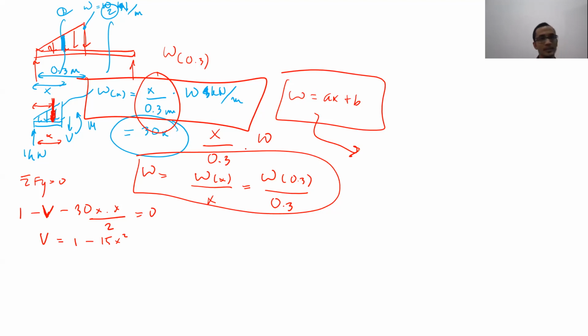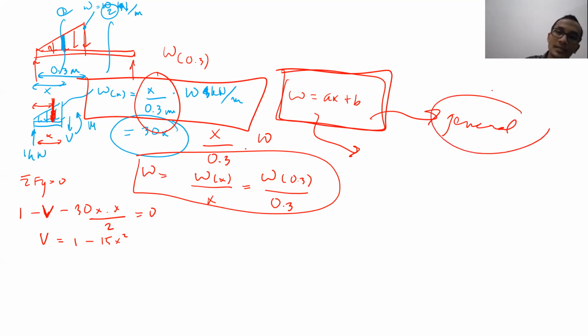The results will be the same. For this one, because the distribution is from 0 to maximum, this one can be used as well. But if the distribution is slightly different, then it's better for us to use W equal to AX plus B. Actually, this one is more general, so it can be used for any case.